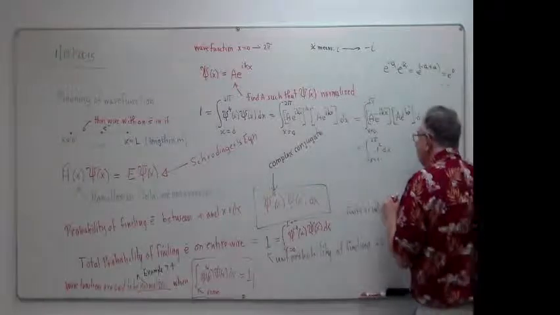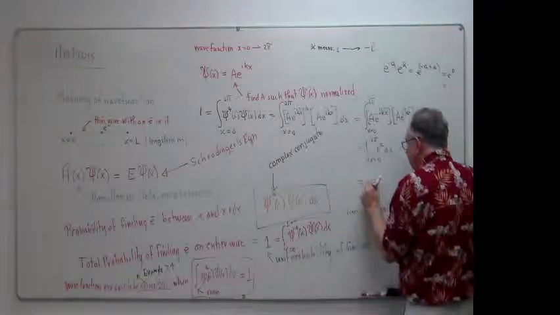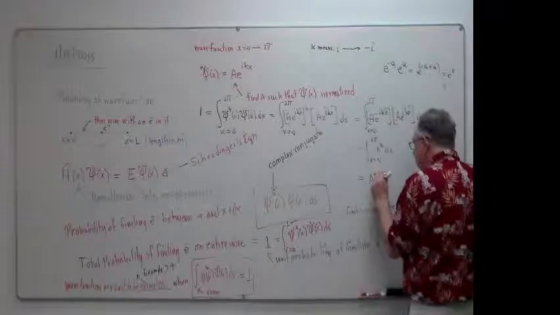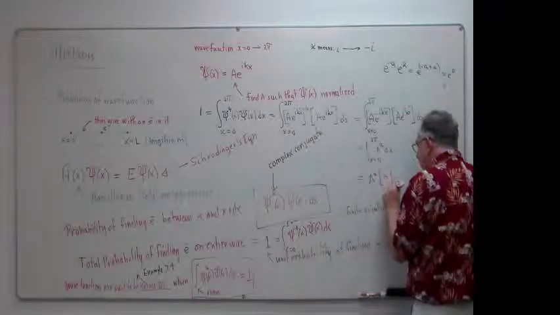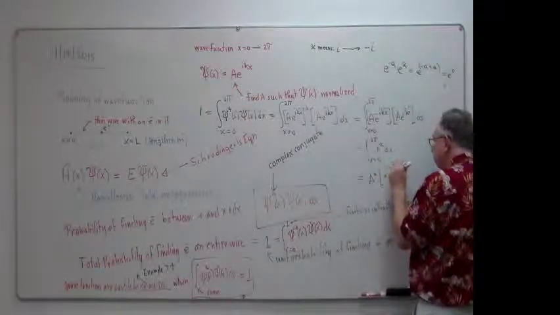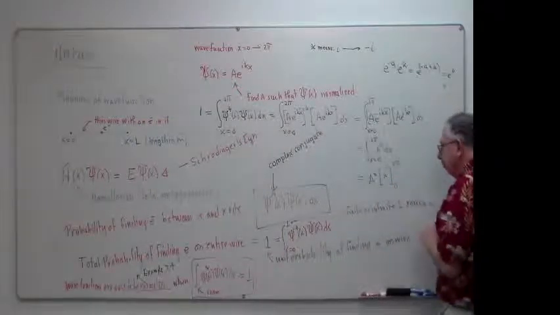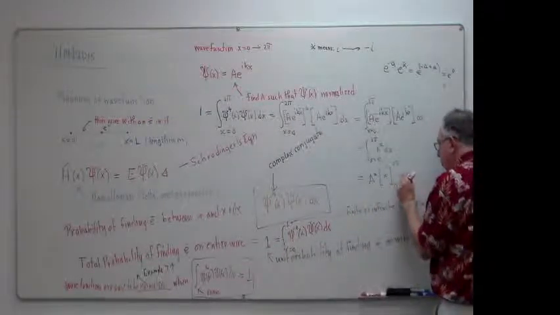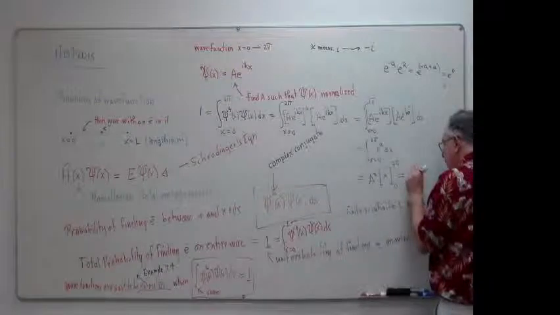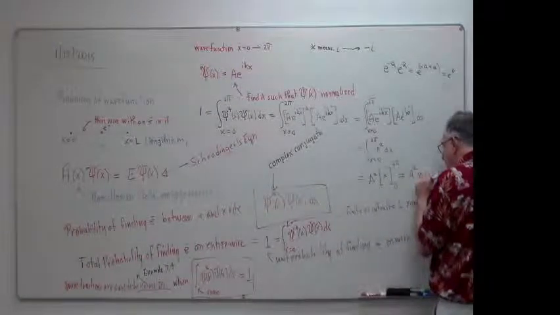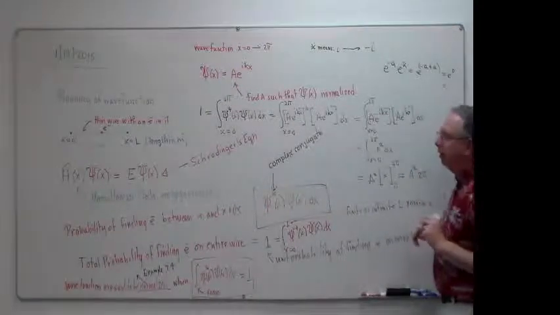Which becomes A squared times the integral, and the integral of that is x evaluated between 2 pi and 0. So A squared times 2 pi is the result of the integral.